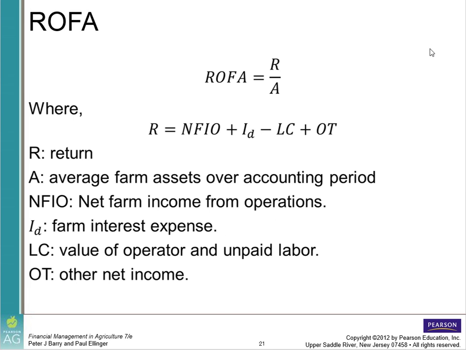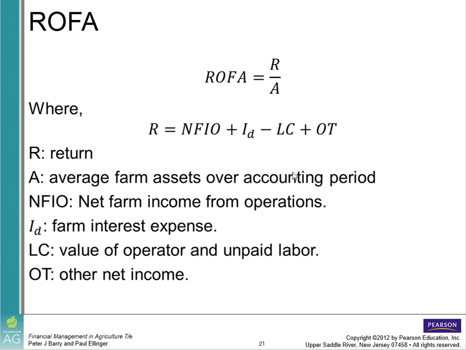It is the ratio of the return that you get by using your farm assets over an accounting period. And when I say an accounting period, I mean over a season, most likely. Okay, so just think about it intuitively. You bought all this equipment, you have all these assets.